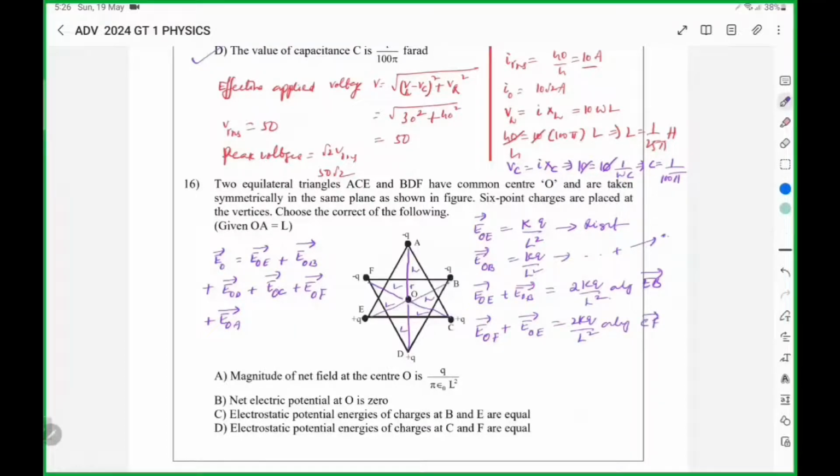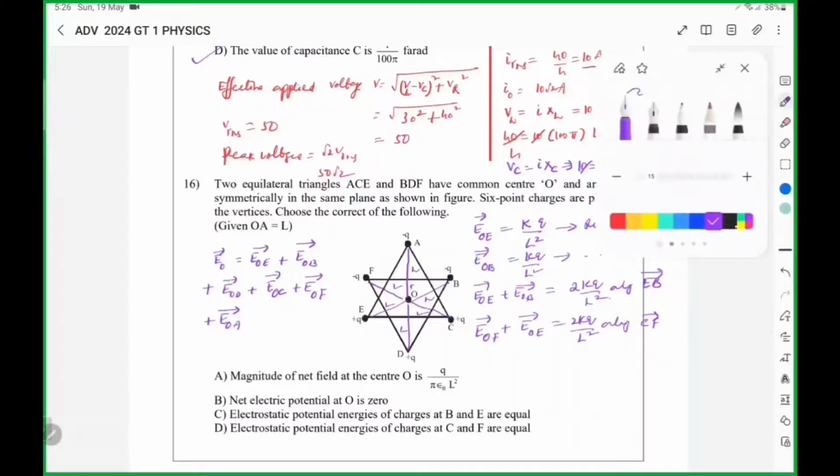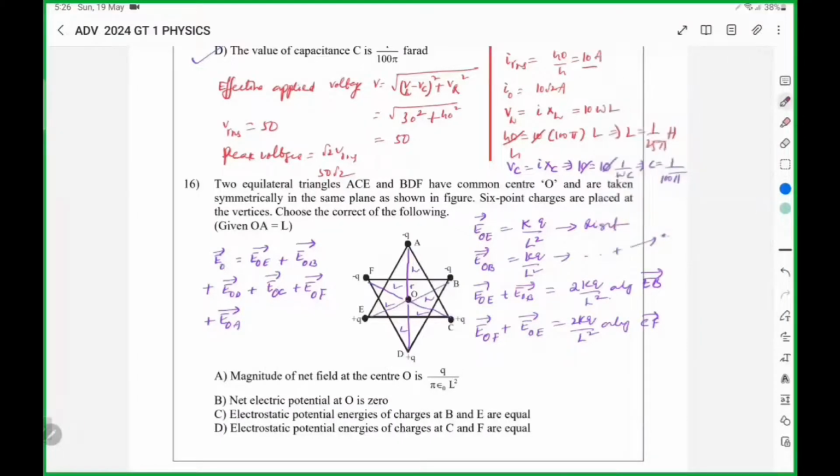So one is along this, other is along this. So the resultant of all this will be, say, E1 and E2.